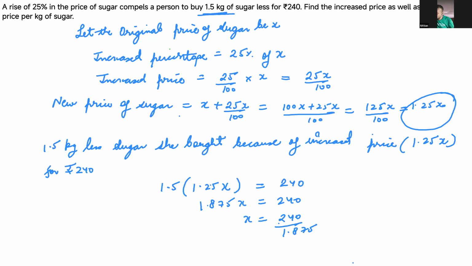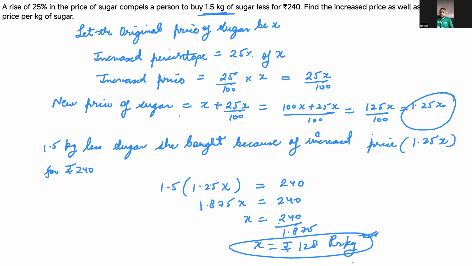Now, when you solve it, you will get the value of x, which will become 128 approx. So x is 128 rupees per kg. This was the original price.